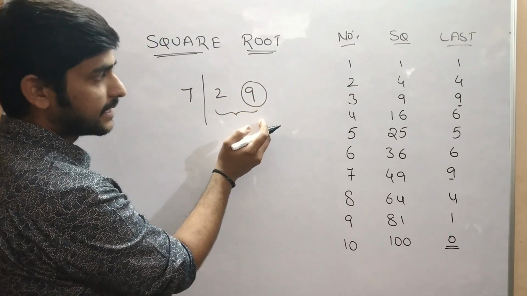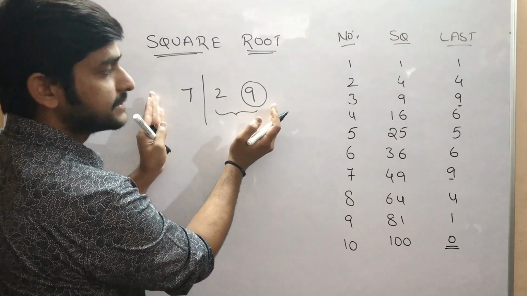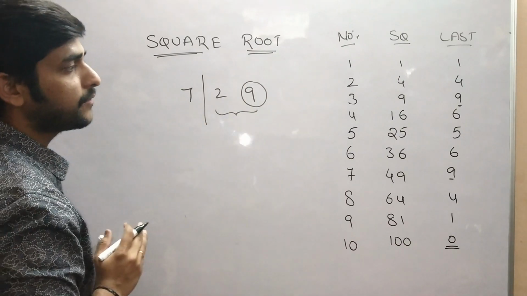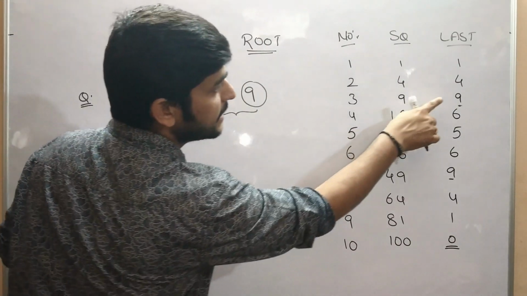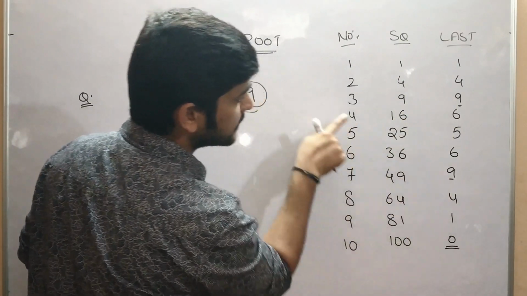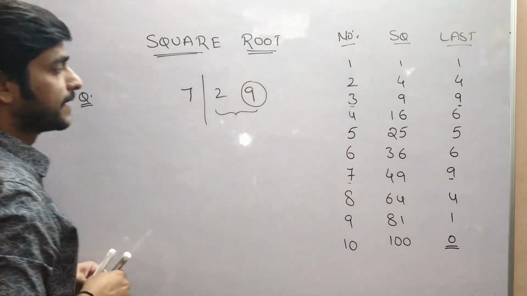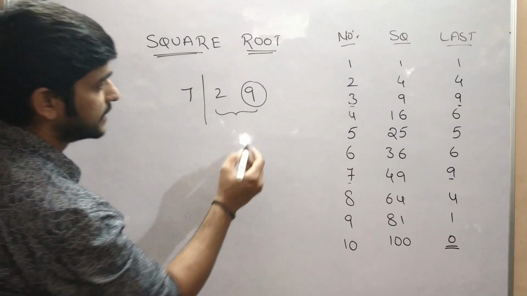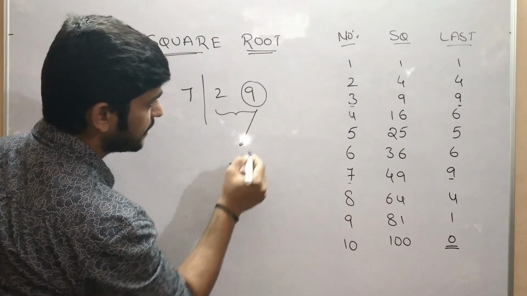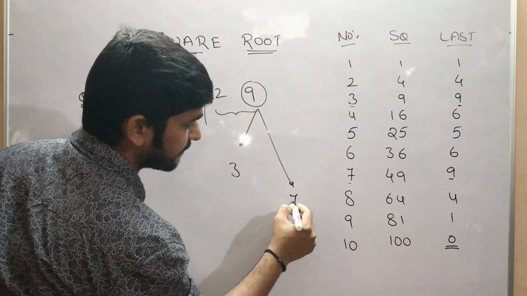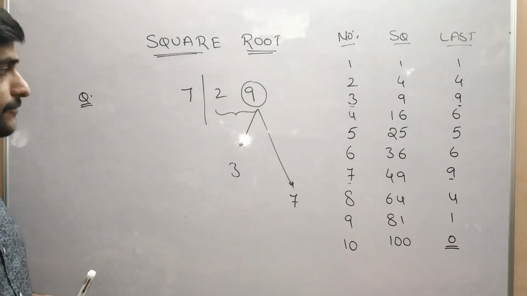The last digit is 9, which means the number ends with 9, so the square root must end with either 3 or 7. So the answer is either ends with 3 or ends with 7. This is the first step.